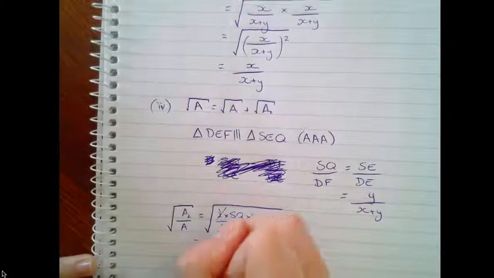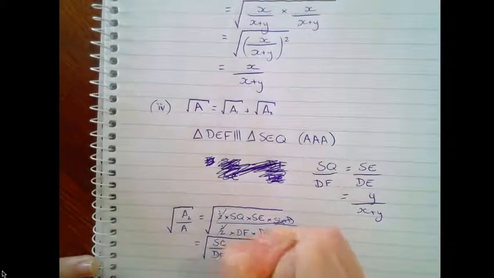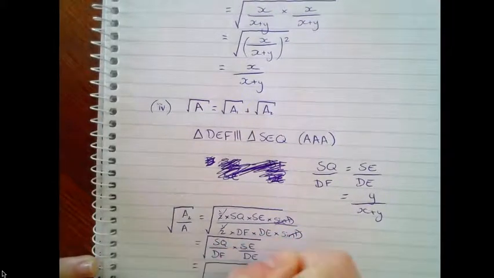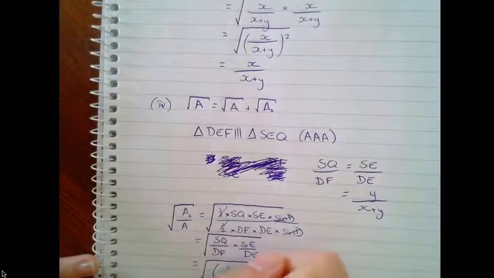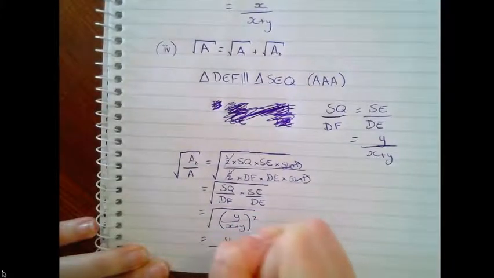I'm not going to go through this whole thing step by step, but we're going to end up with SQ over DF times SE over DE. And that will simplify once we plug things in. So we know that SQ over DF is this, and we know that SE over DE is that as well. So we'll end up with y over x plus y squared, which is just going to give us y over x plus y.